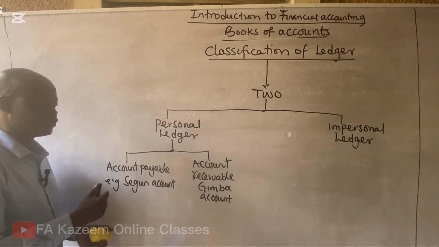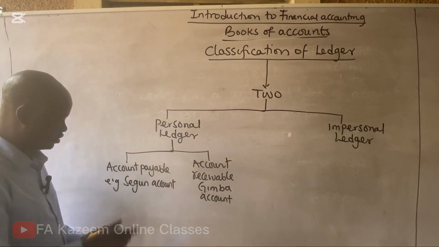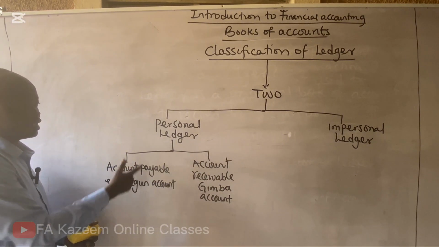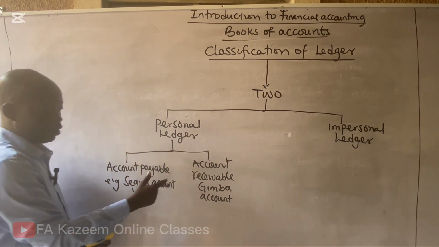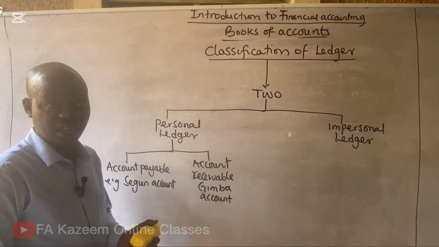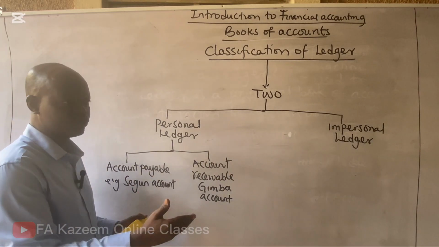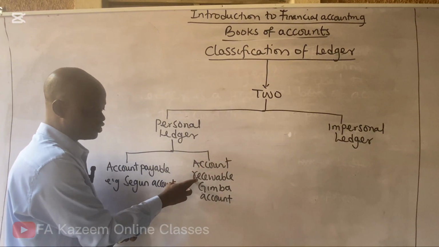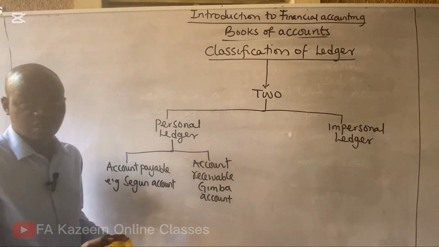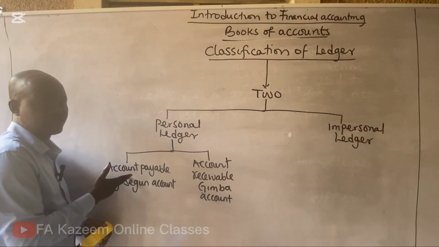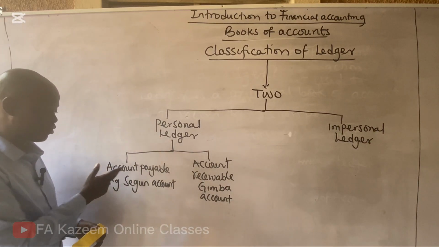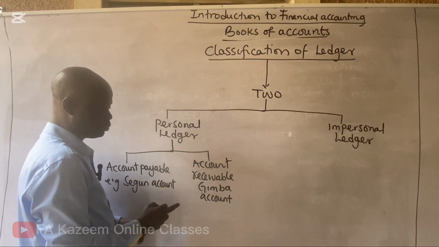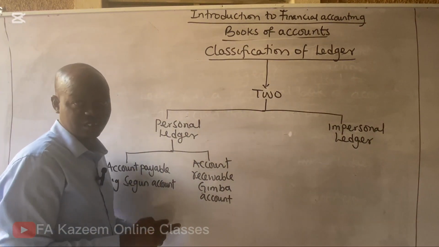Either the person is a supplier that supplied goods on credit, that person will be recorded as an account payable, and that is under personal ledger. Or if that person happens to be a customer that goods have been sold to on credit, that person will be classified in accounting as account what? Receivable. That's Gimba's account. This is because we no longer use creditors again. Instead of using creditor, what we use now is account payable. And instead of using debtor, what we use now is account receivable.